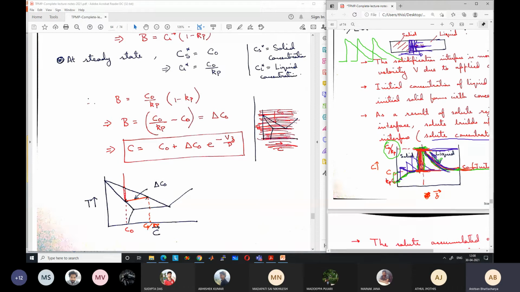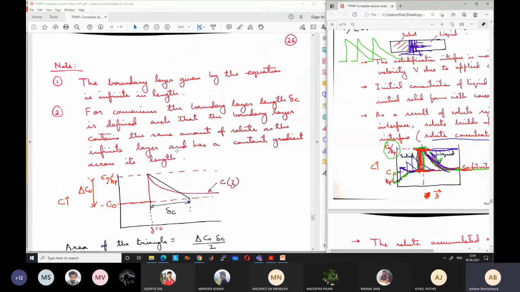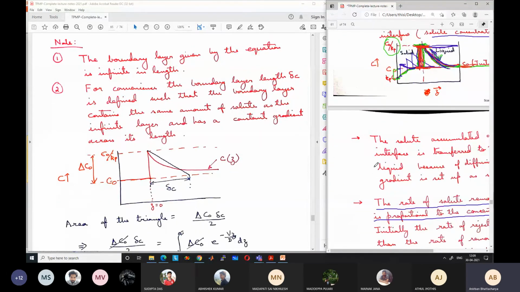Whether we have to take a moving boundary layer or moving grid or not, and what type of solution, logarithmic or exponential, is to be taken. So mathematicians are expert in these areas, in how to solve this type of equations.